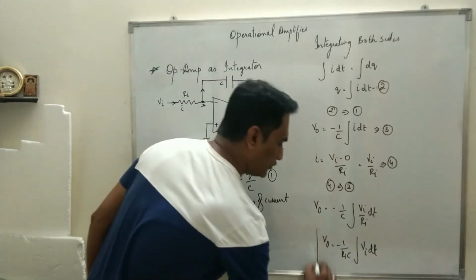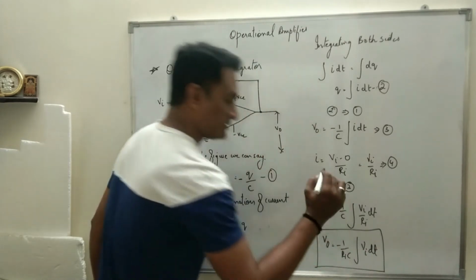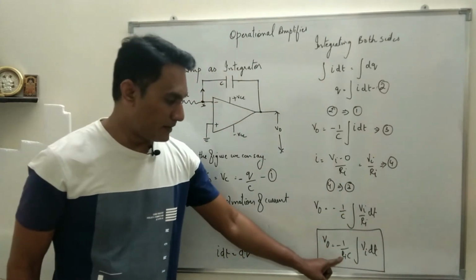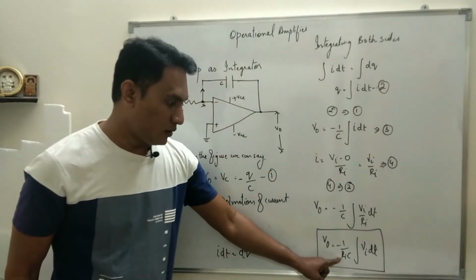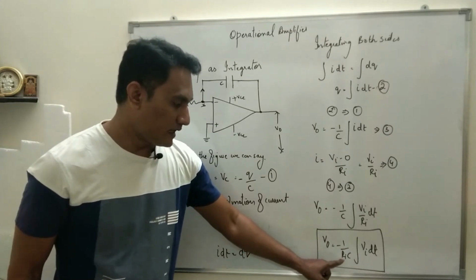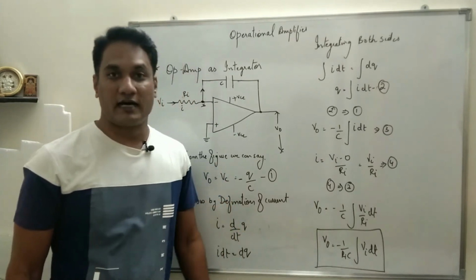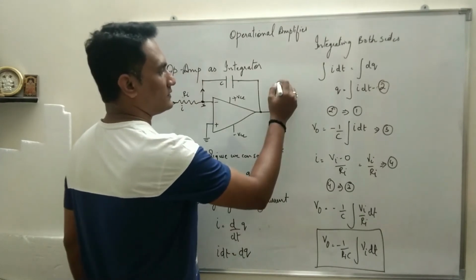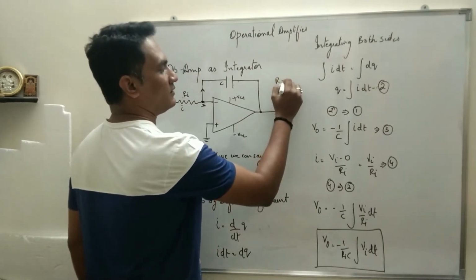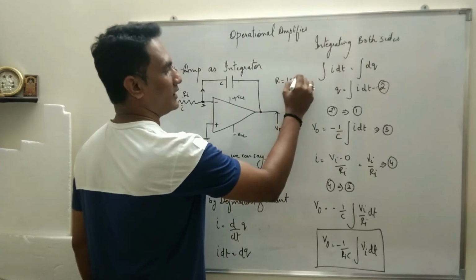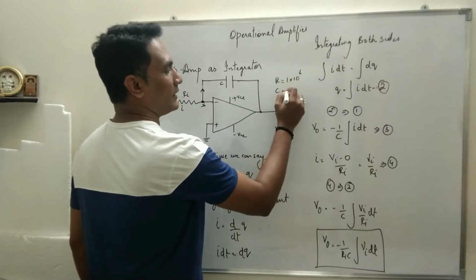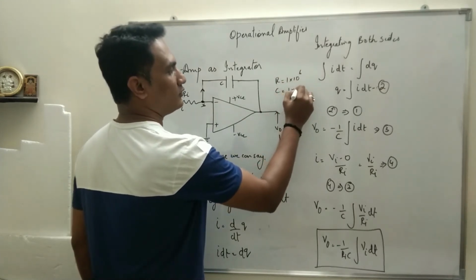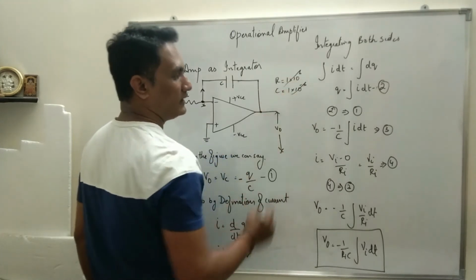So this is the output voltage equation for the op-amp as integrator. Now what you can see is that by selecting proper values of R and C, say if I select R as 1 megaohm, that is 1 into 10 to the power 6, and capacitor as 1 microfarad, 1 into 10 to the power minus 6, these two will cancel each other.